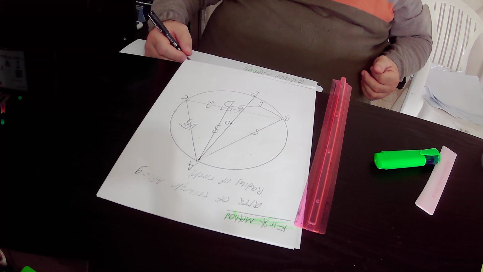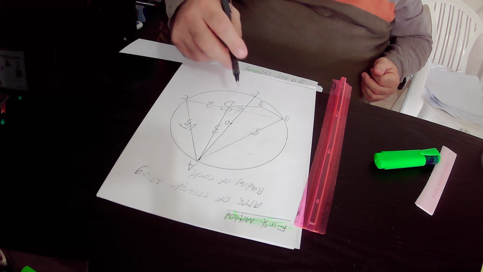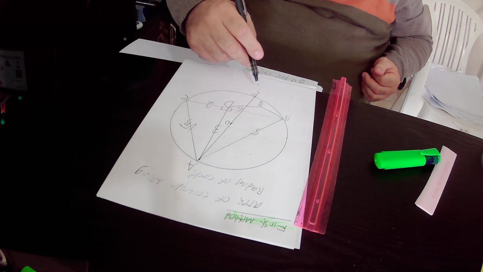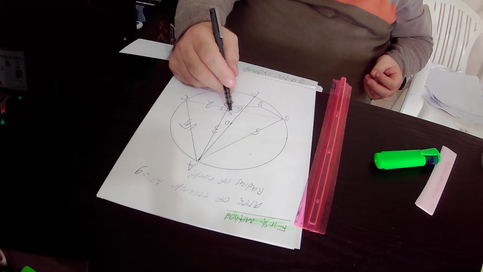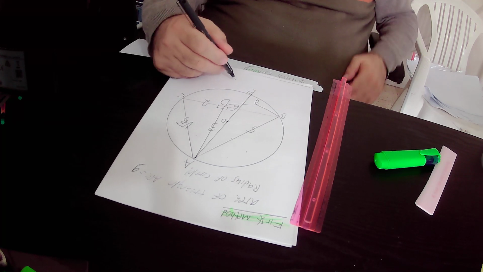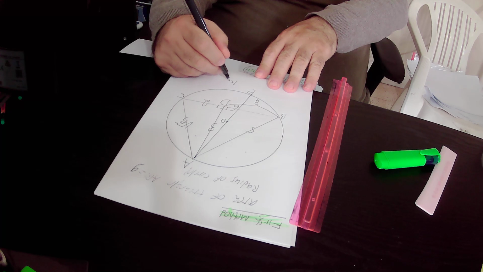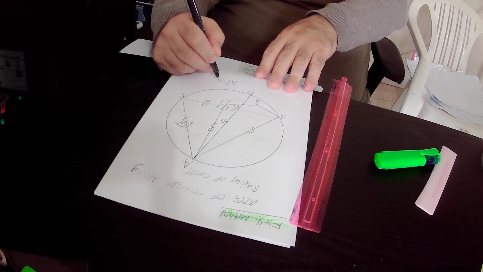Actually, line segment AE, or chord AE, passes through the center of this circle, that is point O. Therefore, it must be the diameter of this circle. So AE is the diameter of the circle.